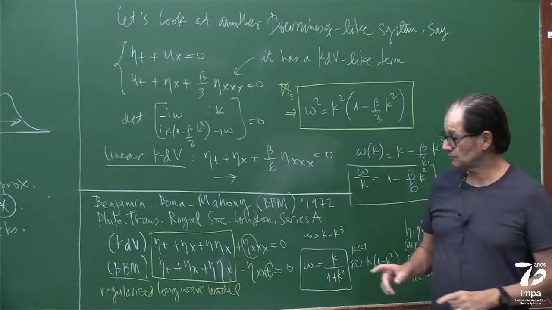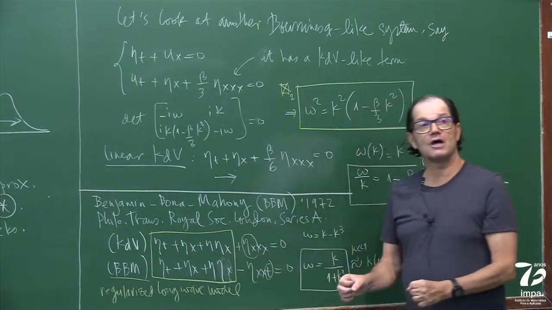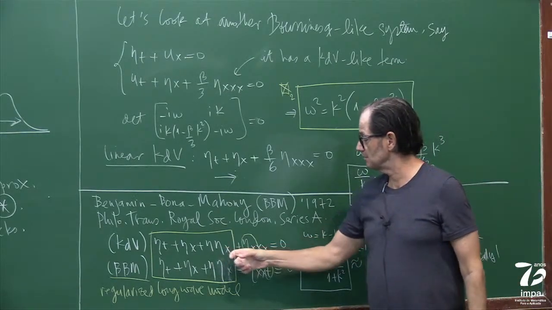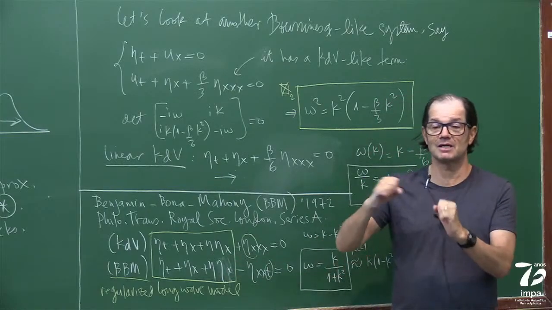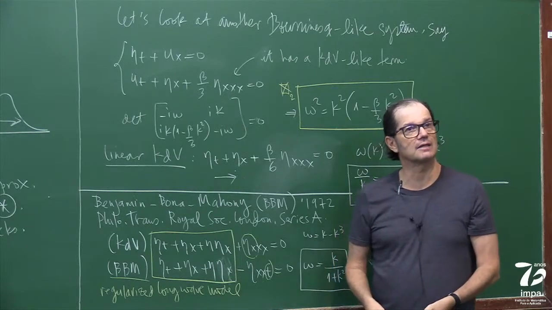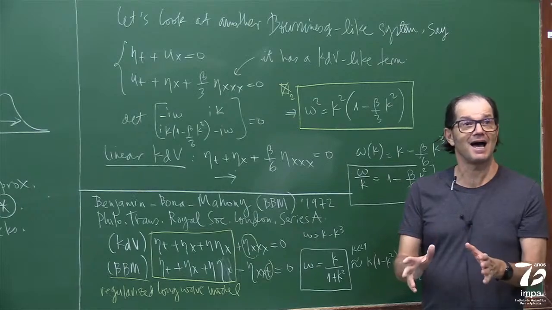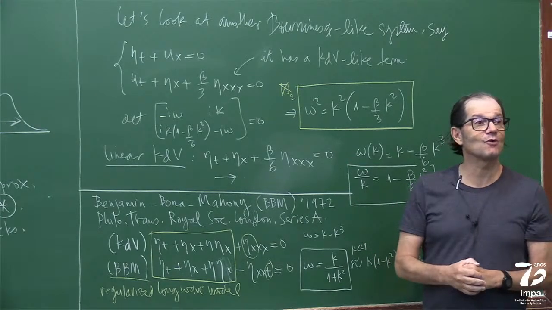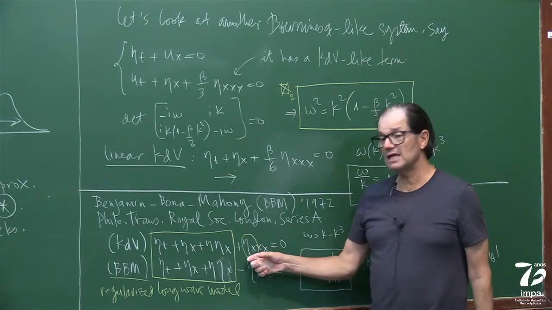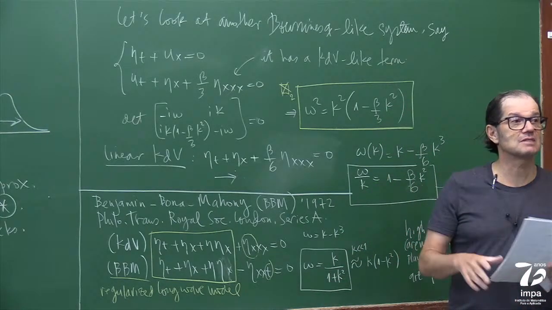Now, when you put both terms correctly, there's an arm wrestling, a fight between two terms, one that wants to make the wave break and the other that wants to pull an oscillatory tail behind. And if things are balanced, if this fight is a tie, you get a traveling wave solution. What is interesting is that for the KdV and the BBM, the shape is the same, a secant squared.